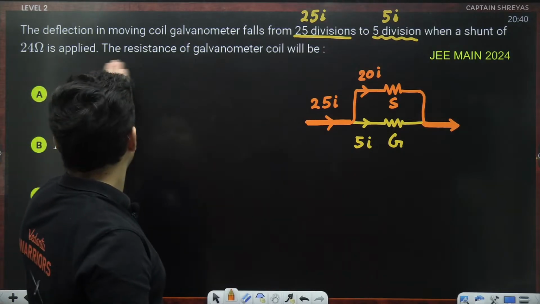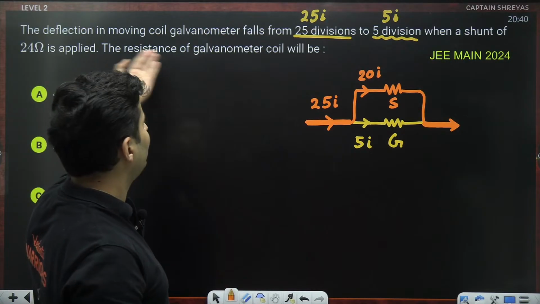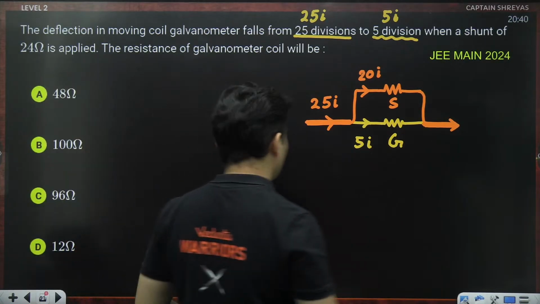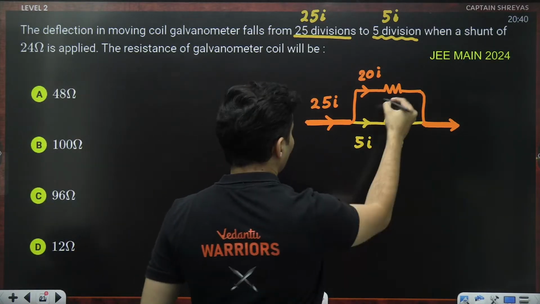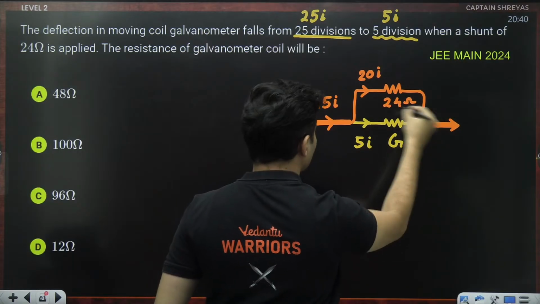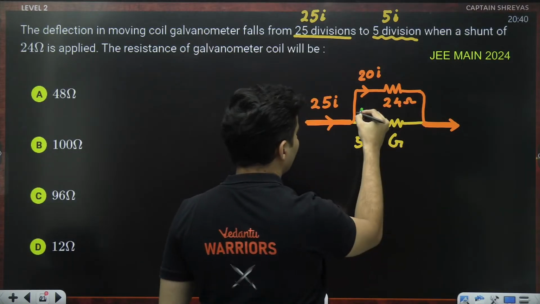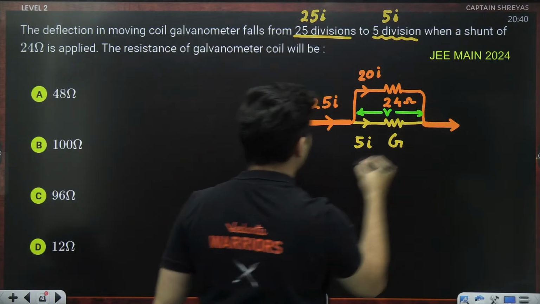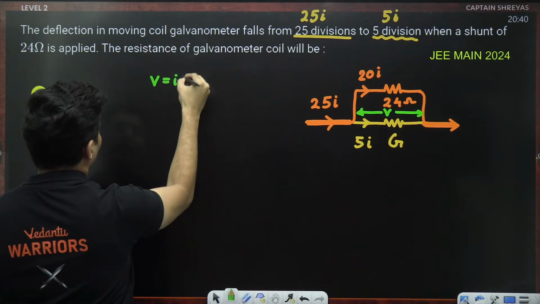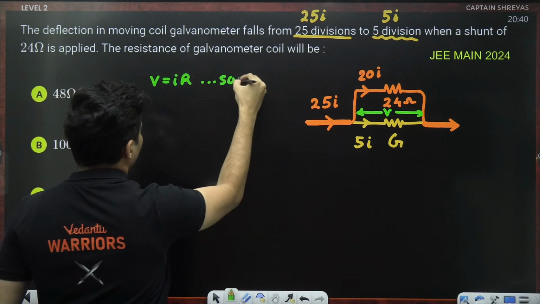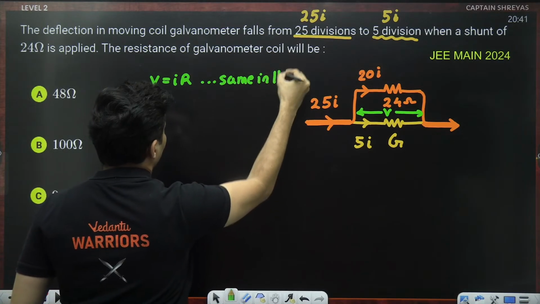Now, the question is, what is the resistance of the galvanometer when the shunt is 24 ohms? The shunt is already given to us, which is 24 ohms. We know that both of them are in parallel, so the voltage is the same. Voltage is IR, and it is the same in parallel circuits.